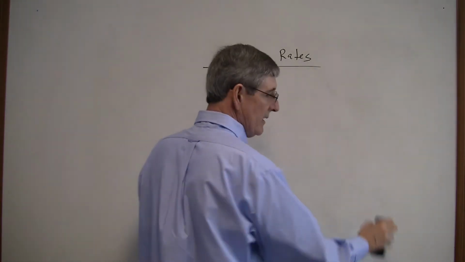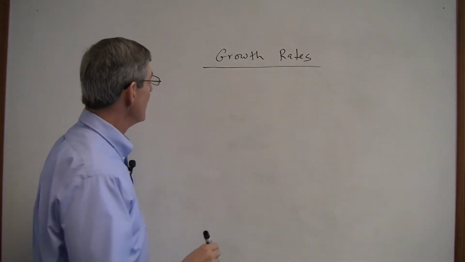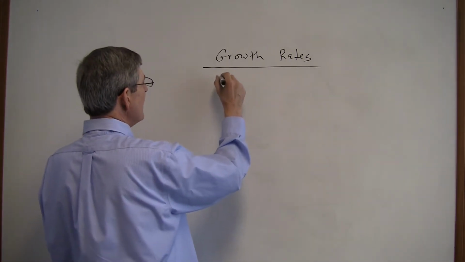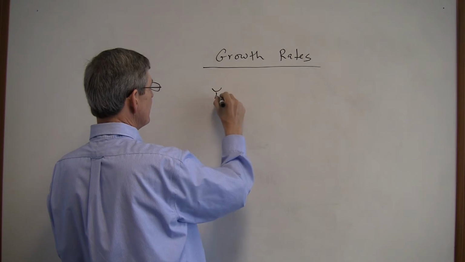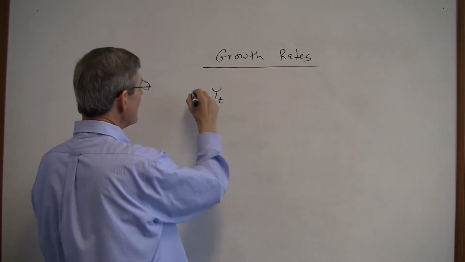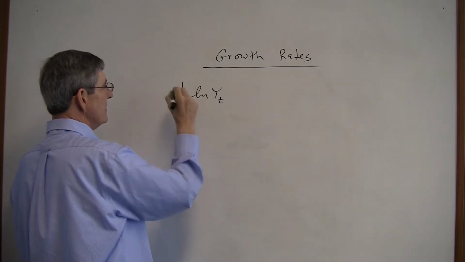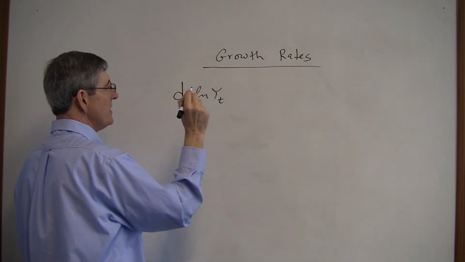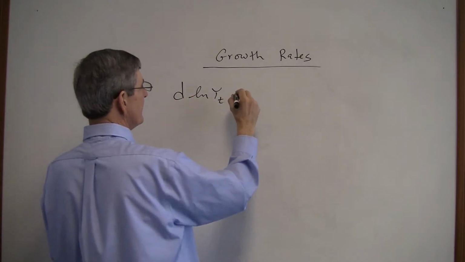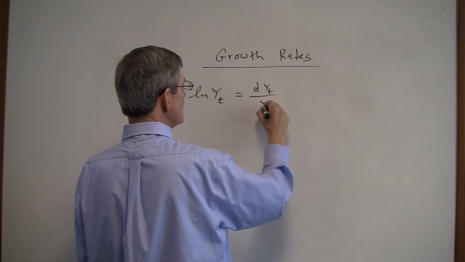I'm not going to prove it, but let me give a very rough explanation of why that works. If I have a time series yt, the log of yt, and I differentiate it, d log yt, that'll be dyt over yt, right?